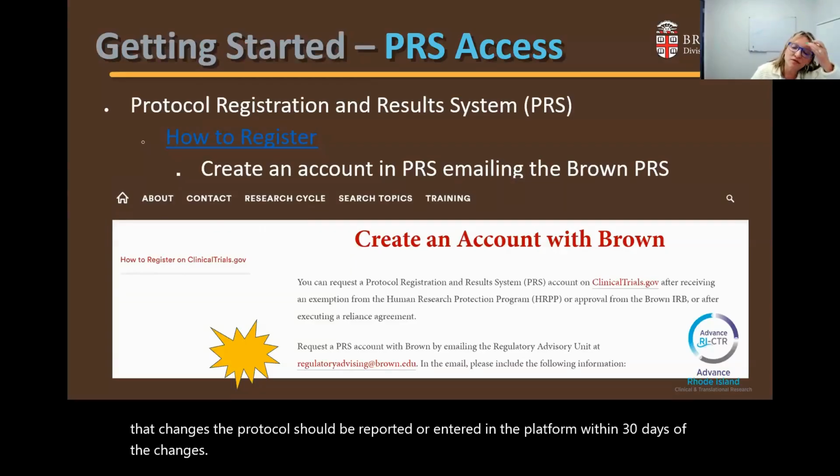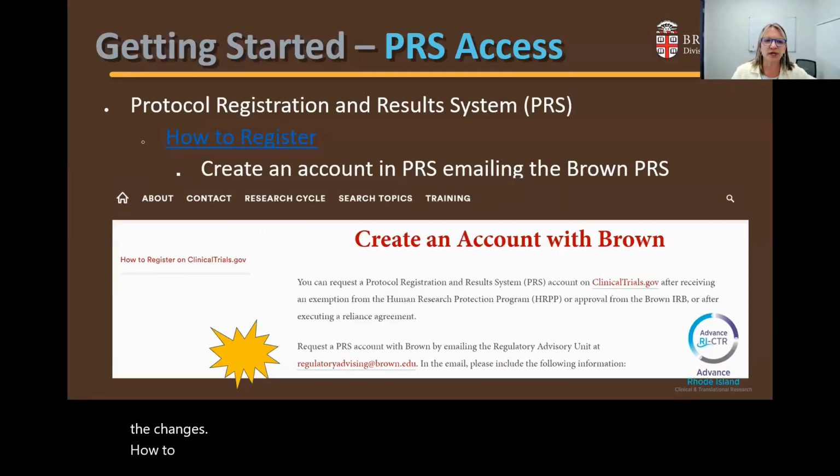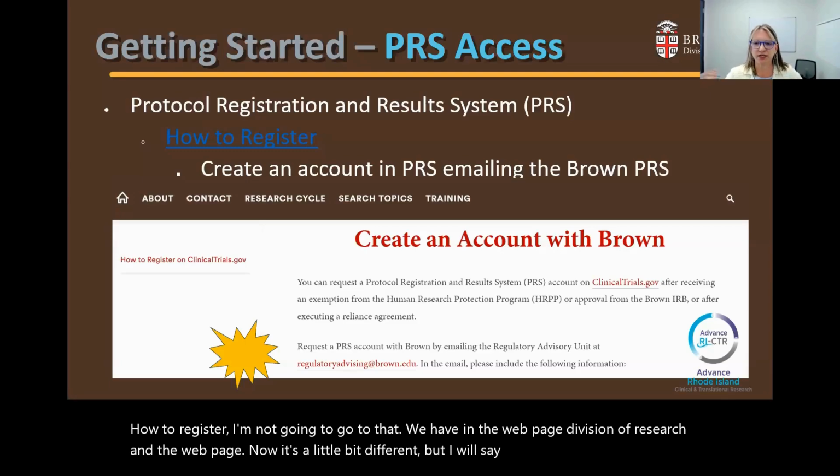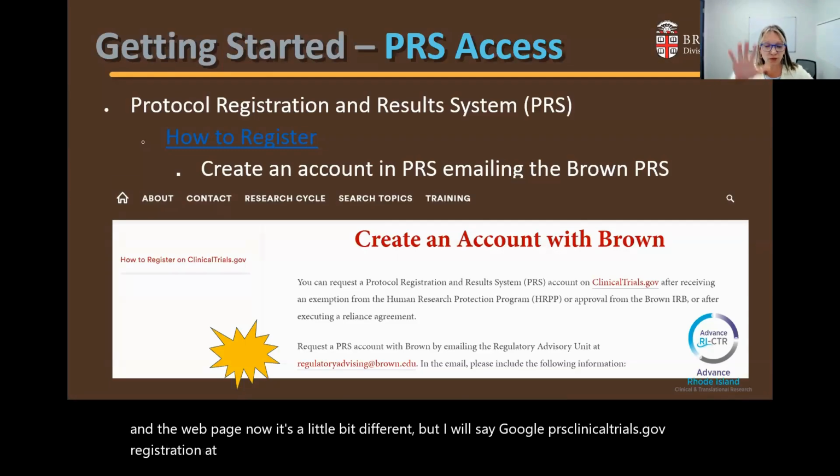How to register? I'm not going to go into that. We have it on the web page, Division of Research, and you know the web page now is a little bit different, but I would say Google PRS, ClinicalTrials.gov, registration at Brown. It will give you the steps.